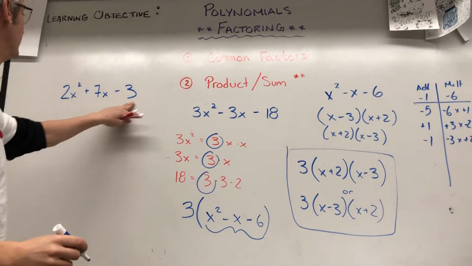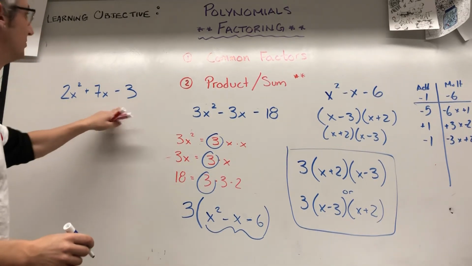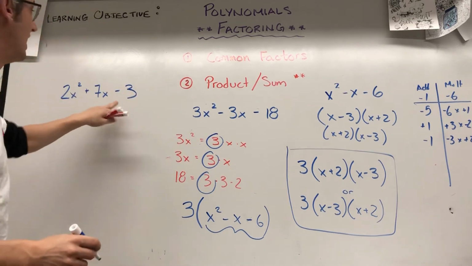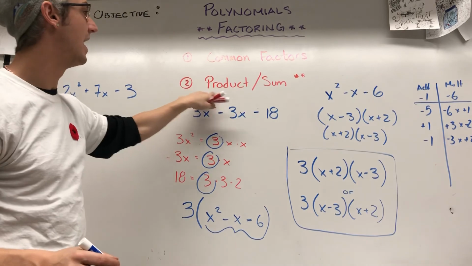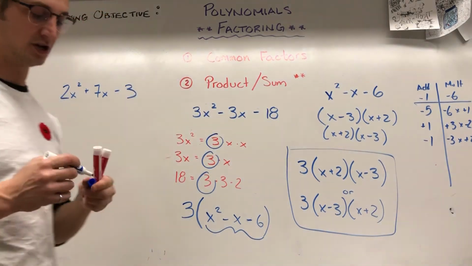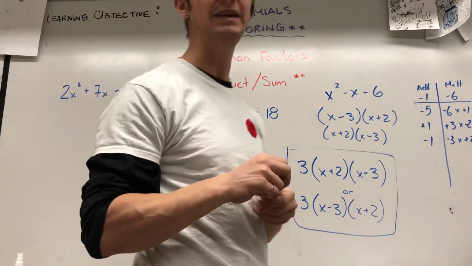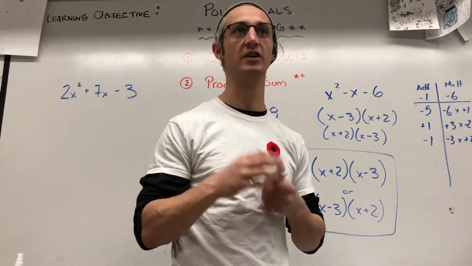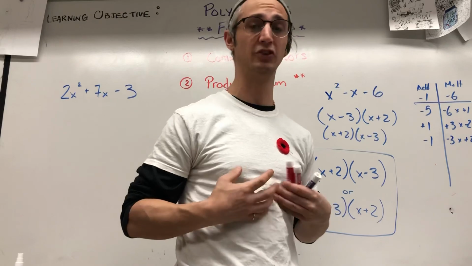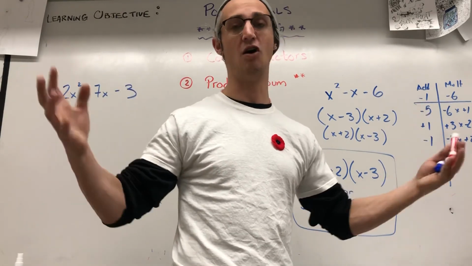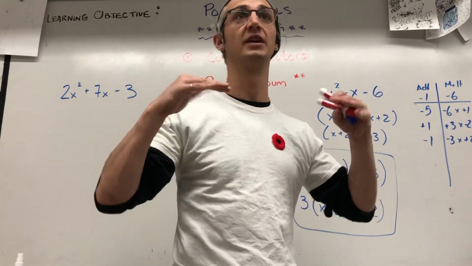In this situation, I cannot pull out any common factors, and I have a number in front of my x squared, so I can't use the product sum in this way. I have to use a method called decomposition, and that's what we'll be learning in the next video. And then once we have these 3 tools in our toolbox, we're pretty much good to go and solve most factoring problems in grade 10.